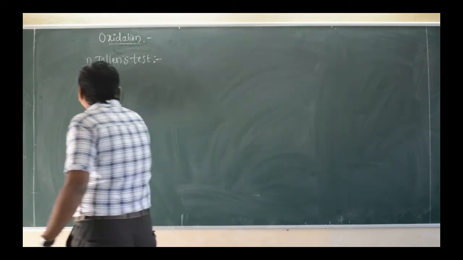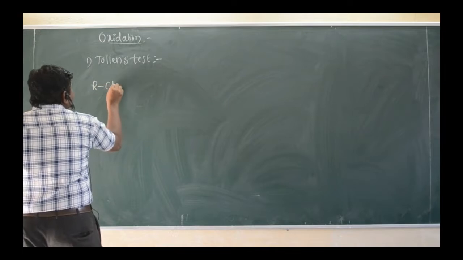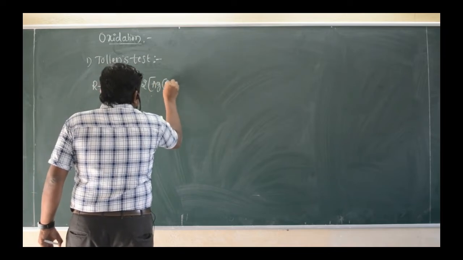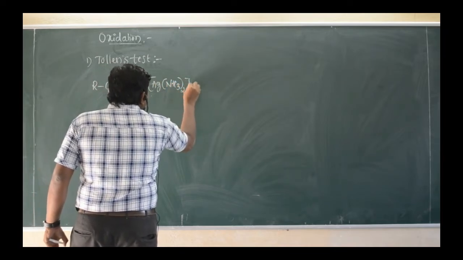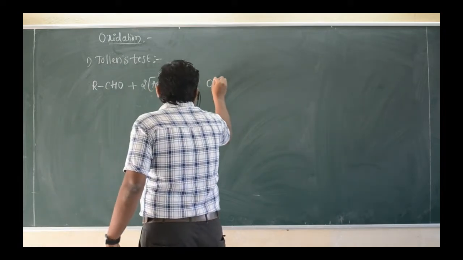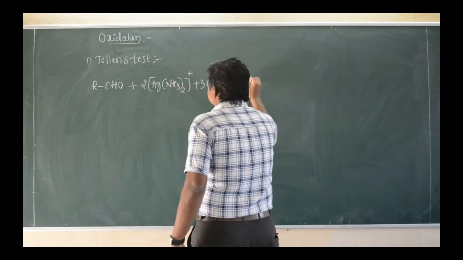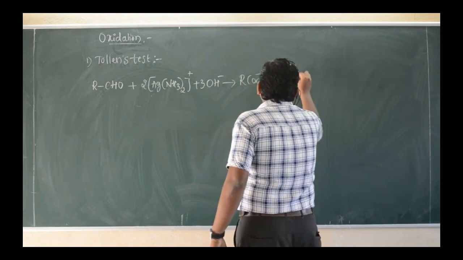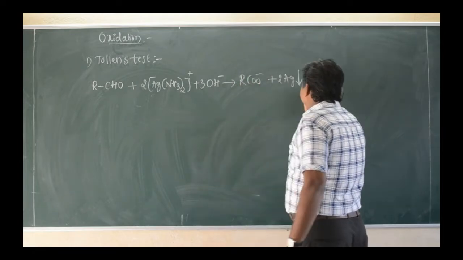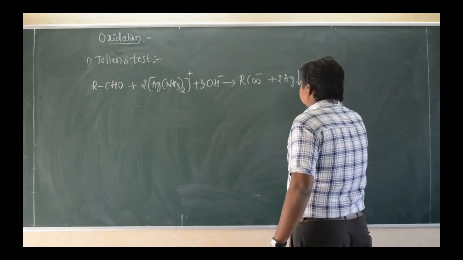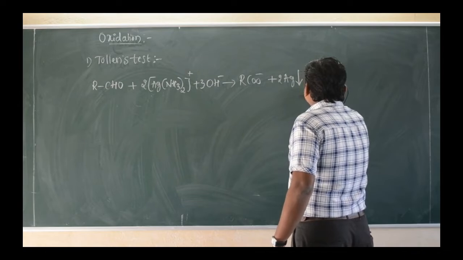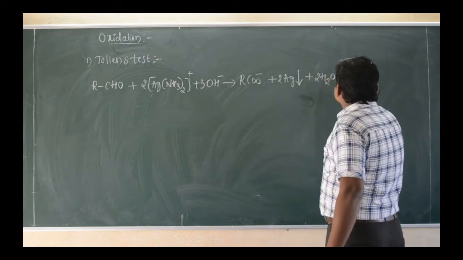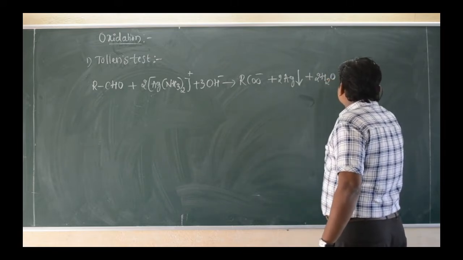Now I will write the reaction. Aldehyde plus Tollens reagent, [Ag(NH3)2]+ with OH minus, gives RCOO minus plus a black silver precipitate, with the liberation of a water molecule, along with NH3.